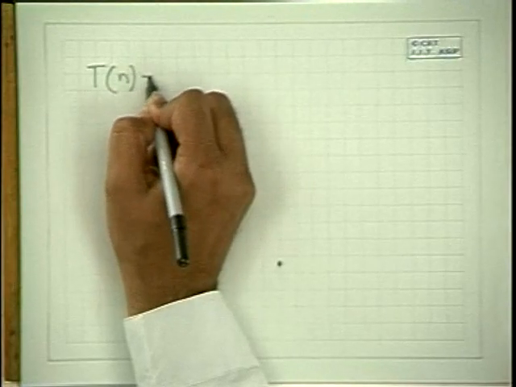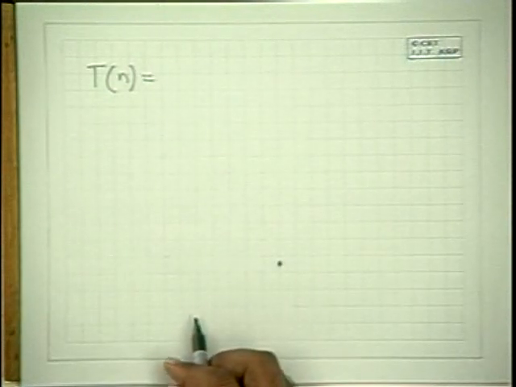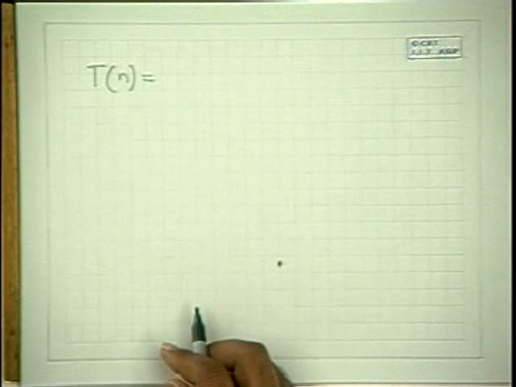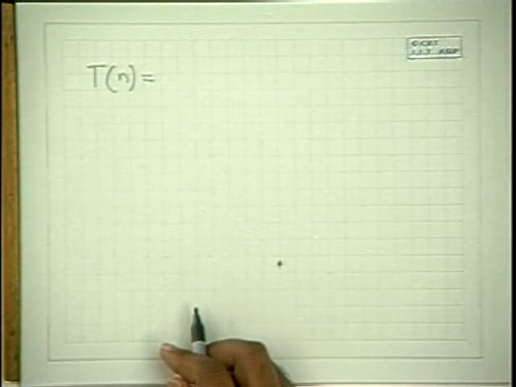So how can we write this? T(n) is, what should I write? No, this median finding. I am trying to analyze this median finding algorithm. So T(n) is equal to, go over those steps.